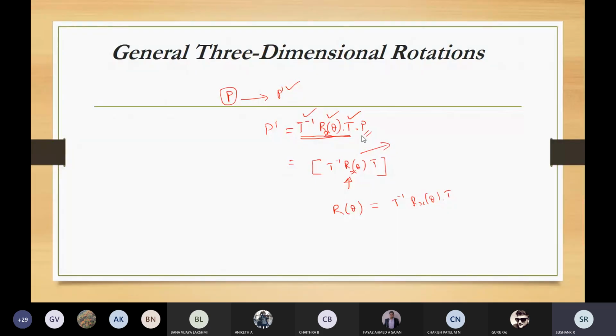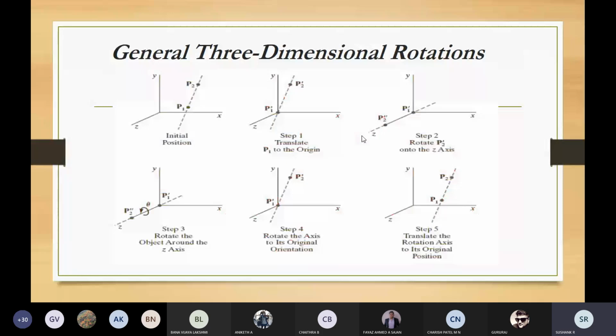This is regarding whenever you want to perform a rotation where the object axis is not coinciding with the coordinate axis. There are situations where the object you want to rotate about some particular axis will not be parallel to the coordinate axis.